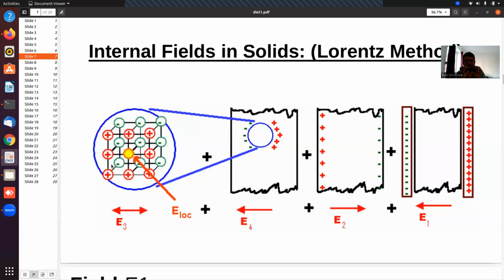So the field due to this local charge distribution will be very small, and he approximated it to 0. Okay, this is not a very drastic error. Just a marginal change will be there even if we include these kind of local things.